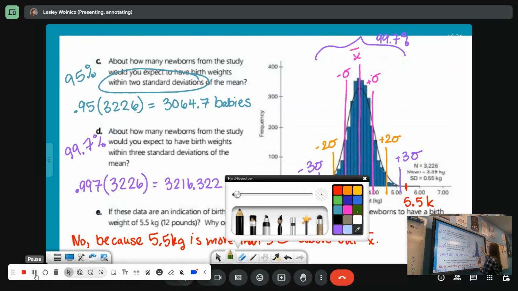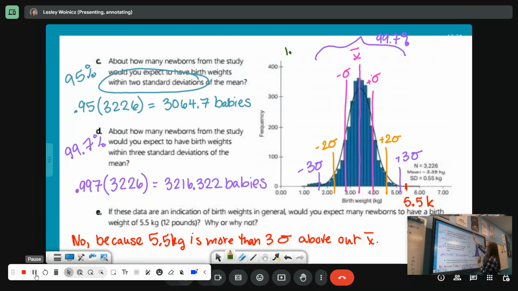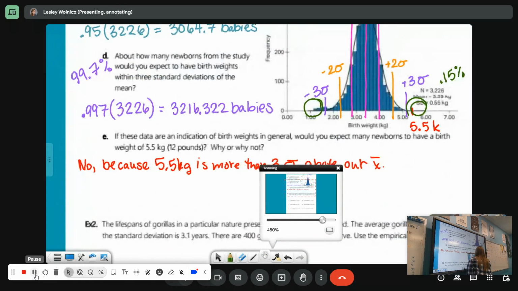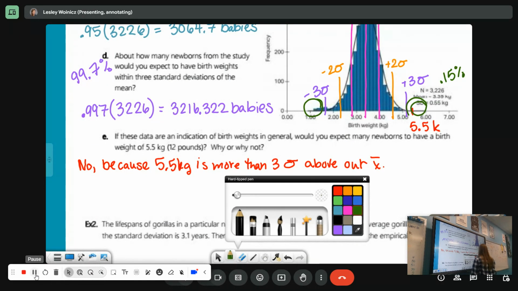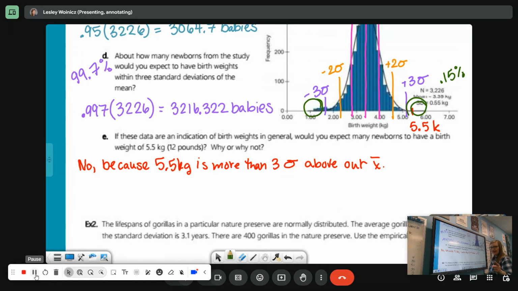So that would be 0.15% down here, and then another 0.15% down here, because the 0.3 has to be split. I'm rambling. You should have been in class, and then you wouldn't have had to watch all this rambling.